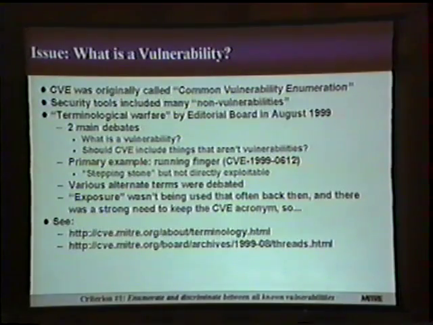So information is a good example, and our favorite whipping boy happens to be running Finger. The purpose of Finger is to list all the users on a system. That's not directly going to allow someone to break into it, but knowing who the users are that are on a system certainly is a useful piece of information.